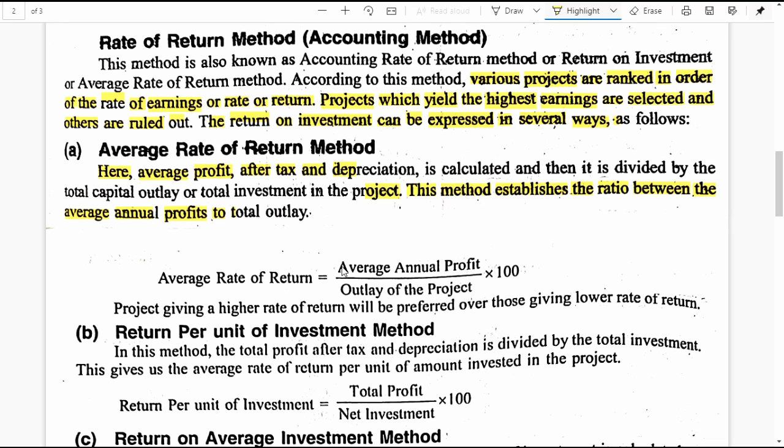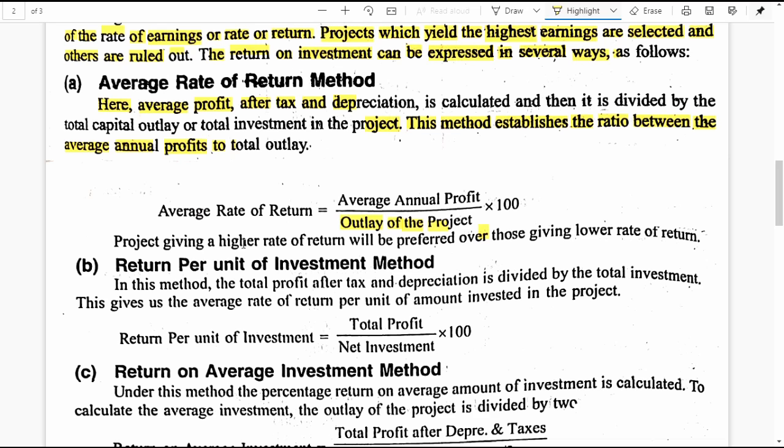The total profit will be divided by the lifetime of the project so that we get the annual average profit. Average annual profit divided by outlay of the project into 100 will give us the average rate of return. This is a popular method. A project giving a higher rate of return will be preferred over those giving a lower rate of return.